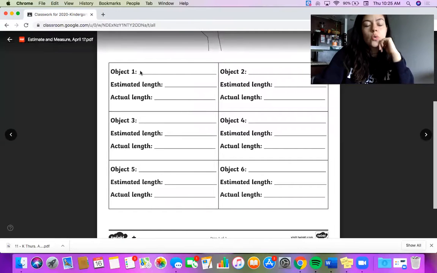You need to write down the object, and then you need to estimate the length. So let's just say I pick a book. I would write book here as my first object, book.